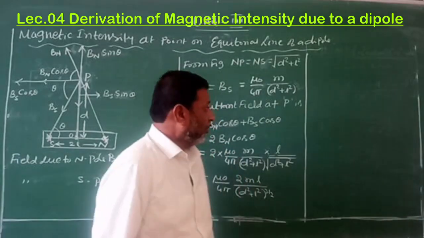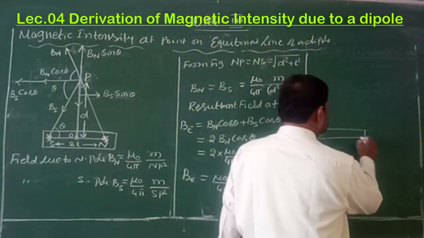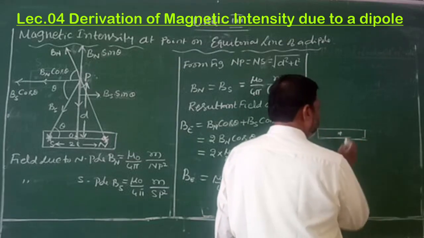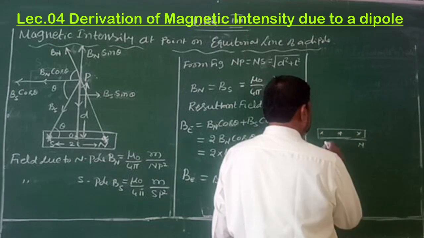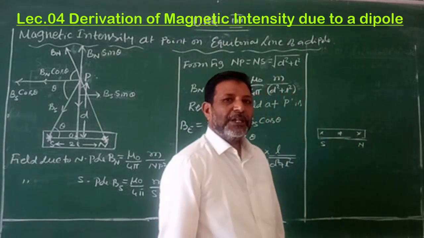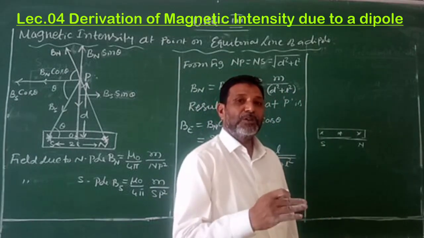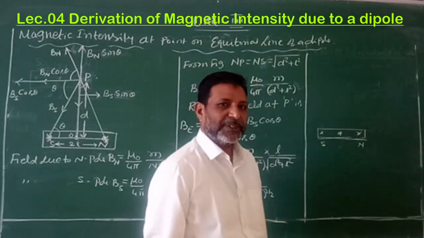Let us consider this is a bar magnet, and this is the center of the magnet, with the north pole and south pole. We call the line passing through the center and perpendicular to the length of the magnet the equatorial line, isn't it?